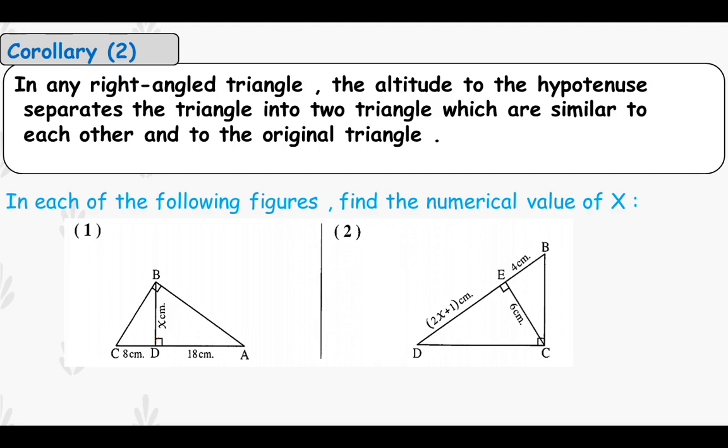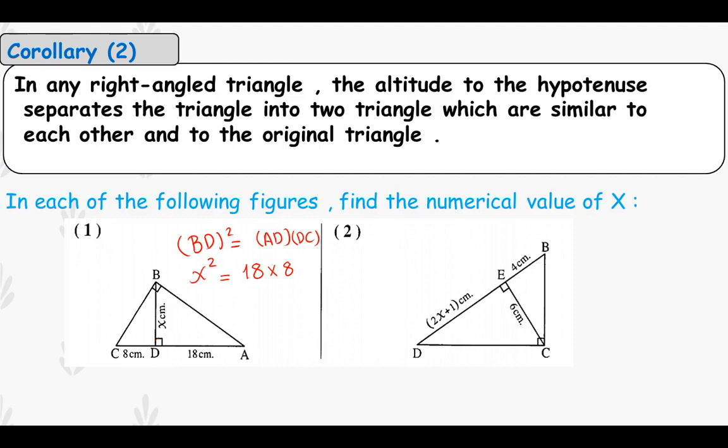Here, we can find BD squared by multiplying AD times DC. BD squared, its length will be x squared equals AD, which is 18, multiplied by CD, which is 8.